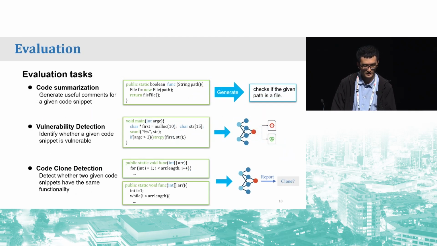And we evaluate our method REPEAT on three code intelligence tasks, including code summarization, vulnerability detection, and code clone detection. The first task is a generation task, and the other two are classification tasks.